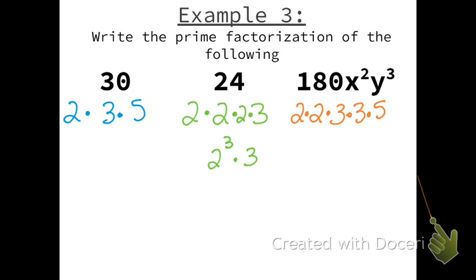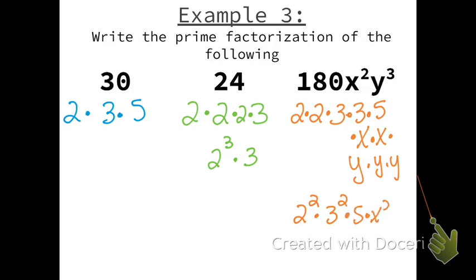And then the new part is the variables here at the end. So the x squared would be times x times x, and the y cubed would be times y times y times y. So you could leave it all expanded like that, or you could rewrite that as 2 squared times 3 squared times 5 times x squared times y cubed.